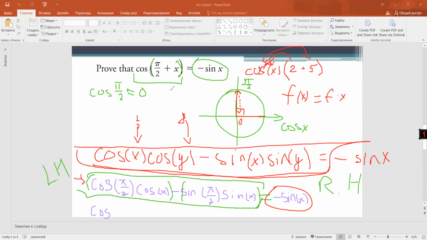Because you're given the exact value for one of the angles, you can simplify it. Yes, exactly. 0 times cosine x.